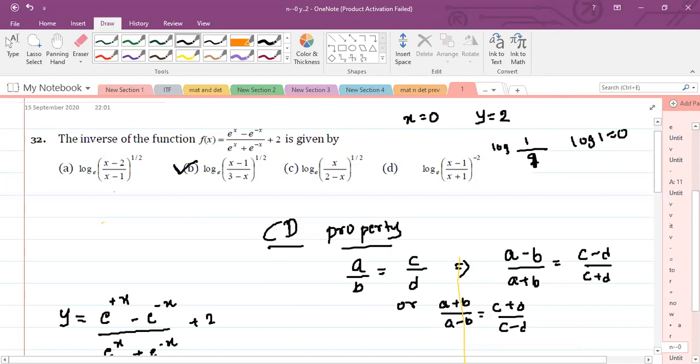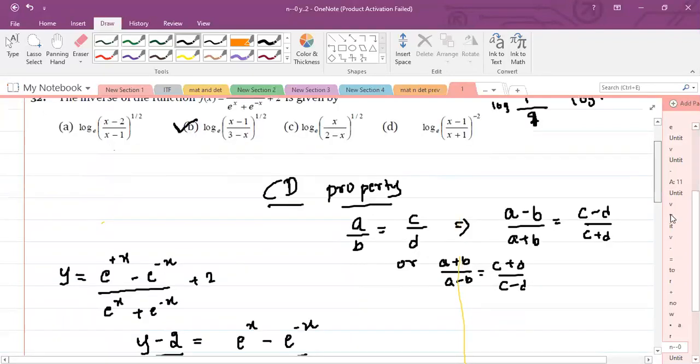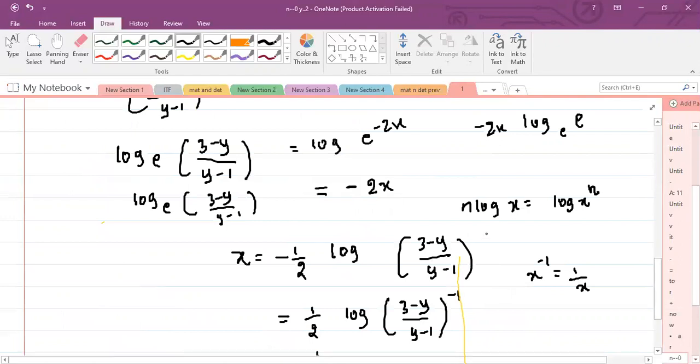And you can clearly see none of these options A, C, D are giving this. By substituting x is equal to 0, you will get y is equal to 2. Actually, in the initial stage, we got the answer in terms of y itself, and then we converted it into x.